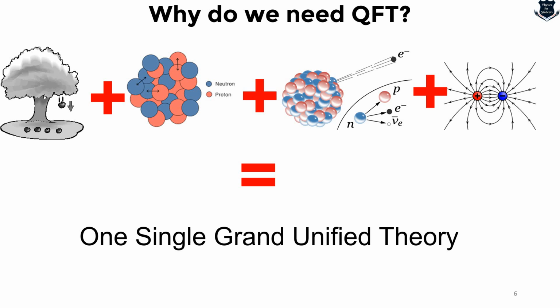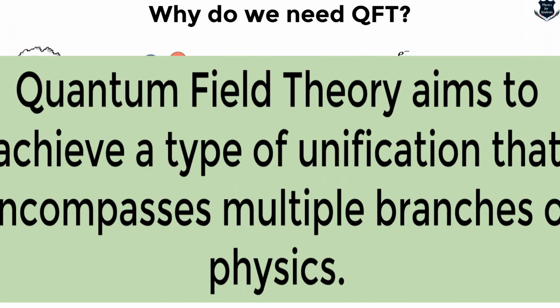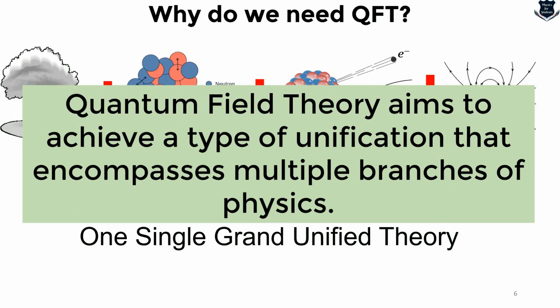The basic idea and concept remain the same: we are trying to get things into one single theory. Just like smartphones and smart televisions, we get into one theory which is compact, concise and portable. And from here we can say that quantum field theory is a type of theory of everything which aims to achieve a type of unification which encompasses multiple branches of science, mathematics and physics.